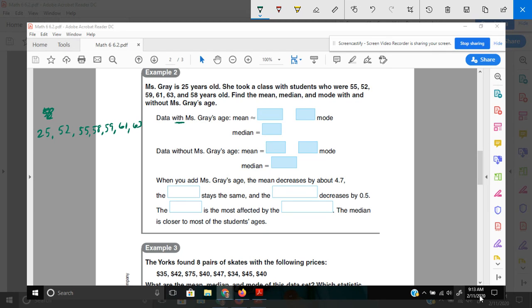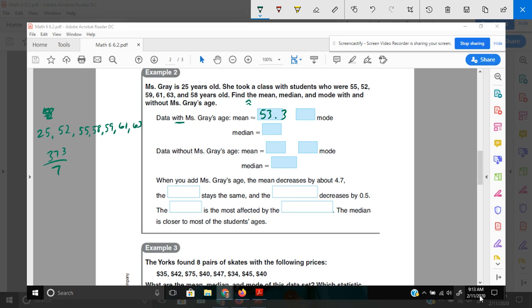So 25 plus 52 plus 55 plus 58 plus 59 plus 61 plus 63 would give me 373 divided by, there were 7 ages there. And notice it says about, that squiggly equals means about. So I'll just round. Gives me 53.3.